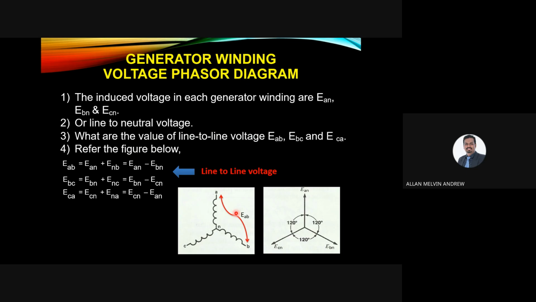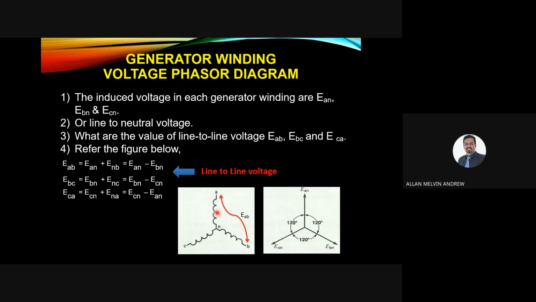So we need to understand the differences between these two, line to neutral voltage and line to line voltage. You can see if you want to find EAB, this is actually the combination of EAN plus ENB. Plus these two together, you can get EAB.